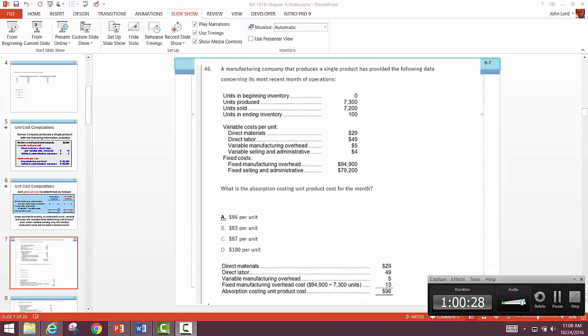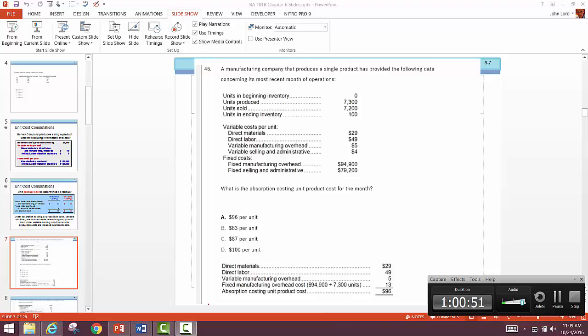Okay? And the reason that's happening is because, let's just go through this whole thing again. If we're going through absorption, I forgot which one's which. Because I wrote variables here, this is absorption, right?